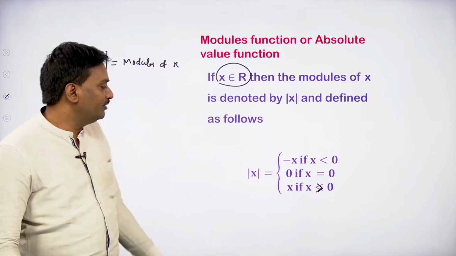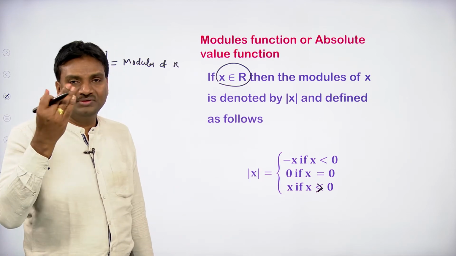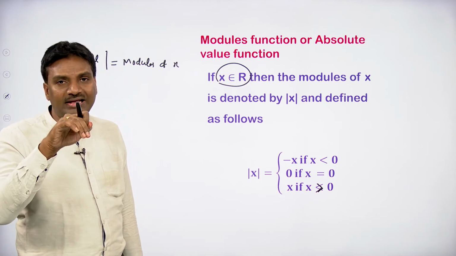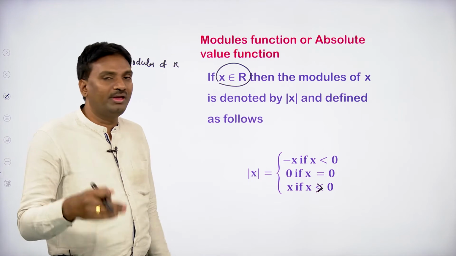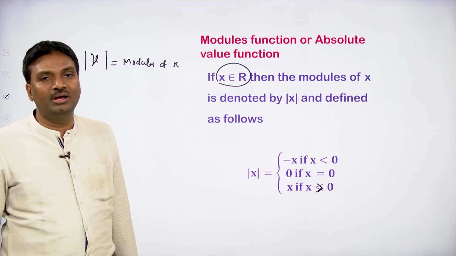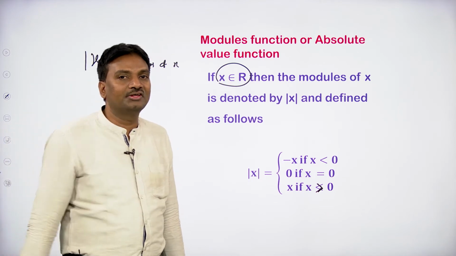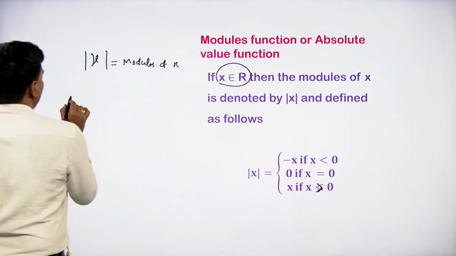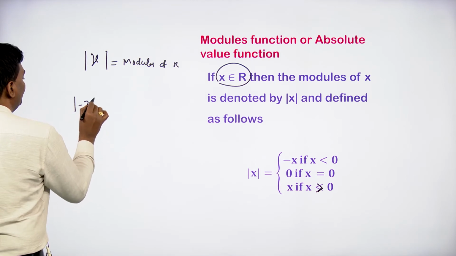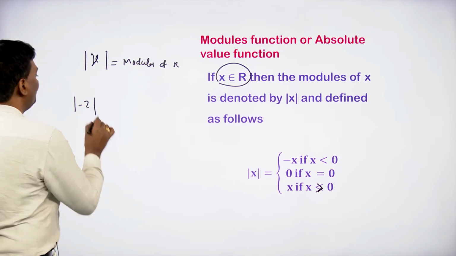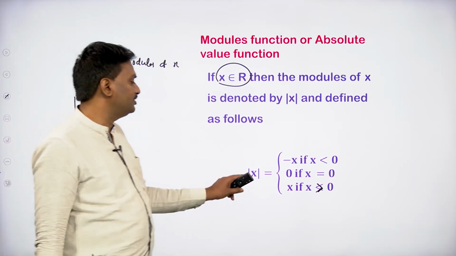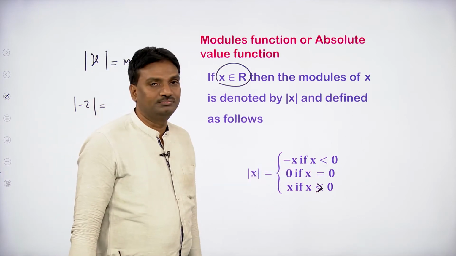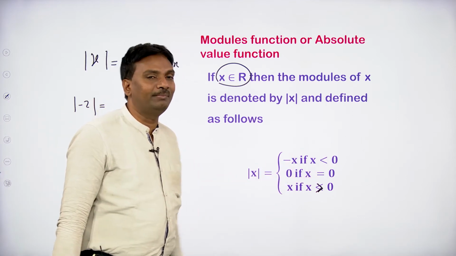Modulus of x means in place of x you may have a positive or negative number, and we consider that as positive only. For example, if you take x less than 0, I am taking minus 2. So modulus of minus 2 equals, according to the definition, when x is less than 0, we can take minus x.